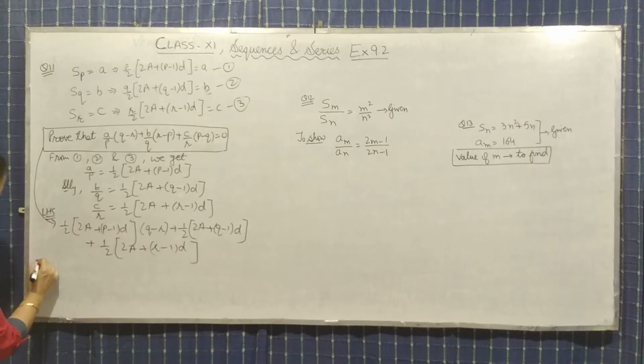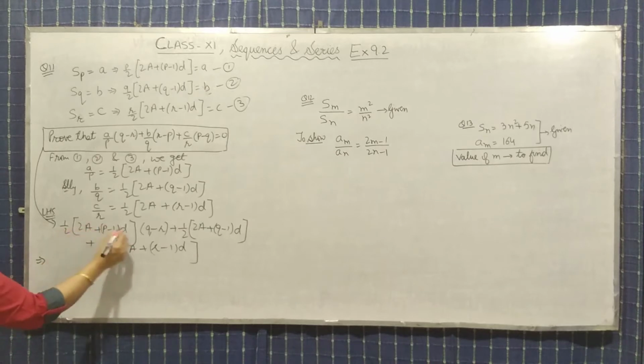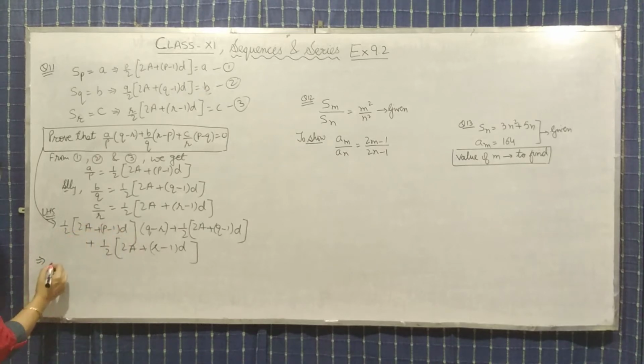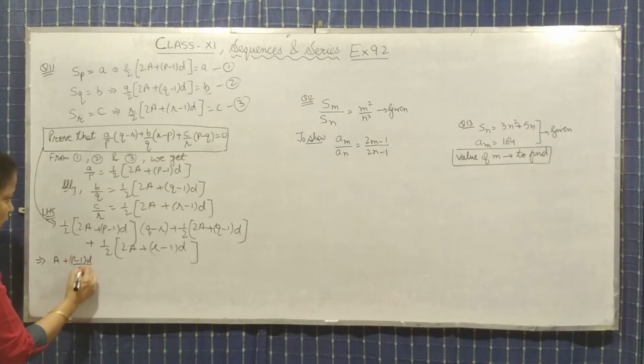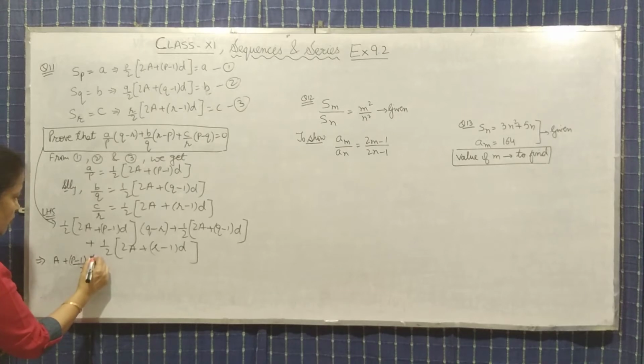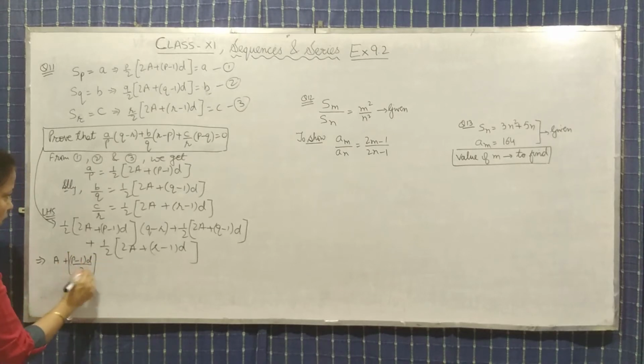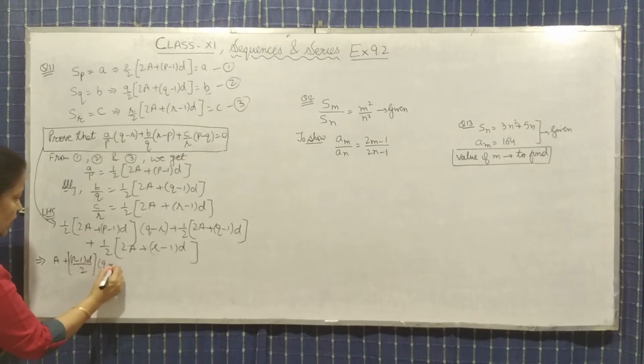Let's see. After multiplying by half, it will come as (a plus (p minus 1)d upon 2) into (q minus r).